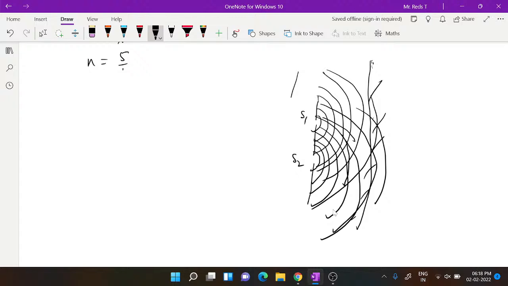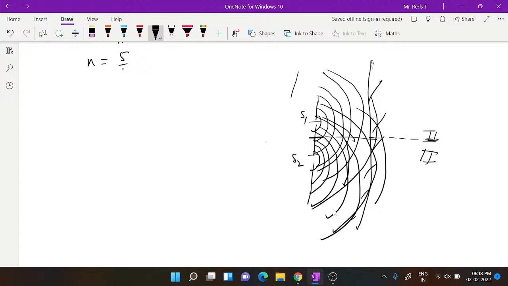Monochromatic means single color at a single wavelength, and hence the frequency will be fixed from a given source. With the help of this, we observe a number of fringes or bands. If this is S1 and this is S2, at the midpoint, if I draw a line, at this point a bright band is formed.